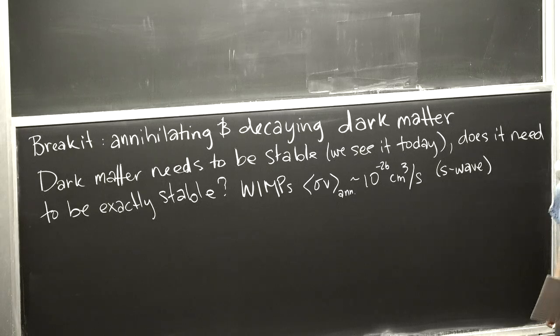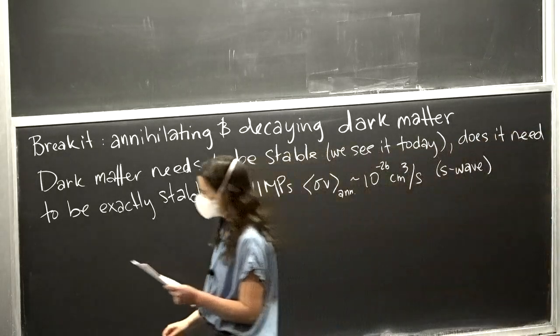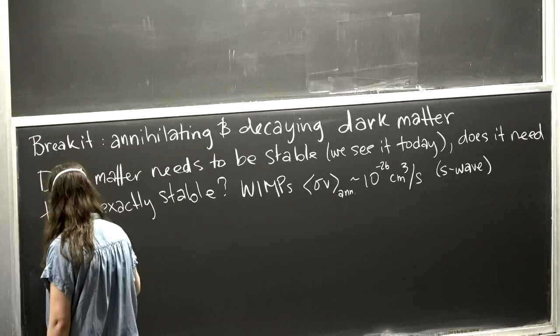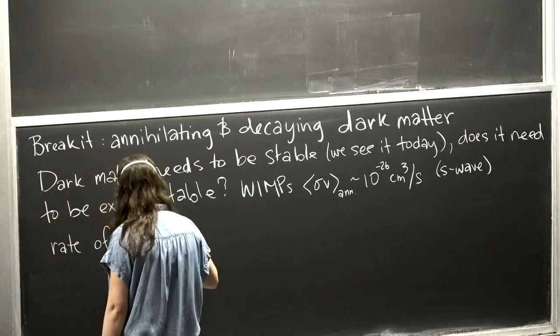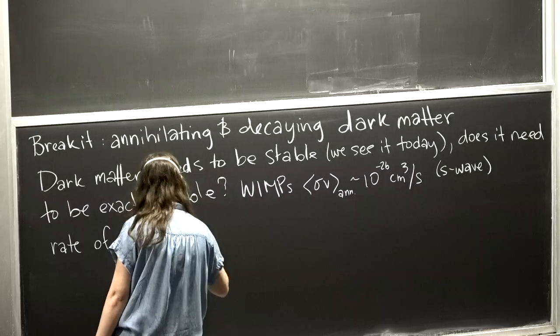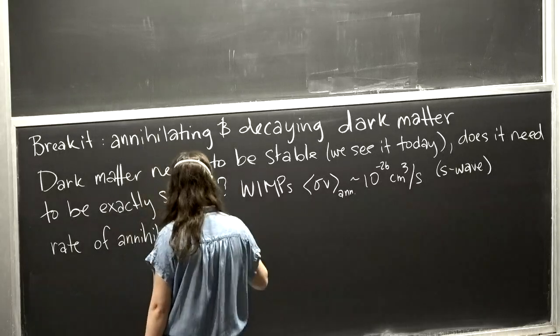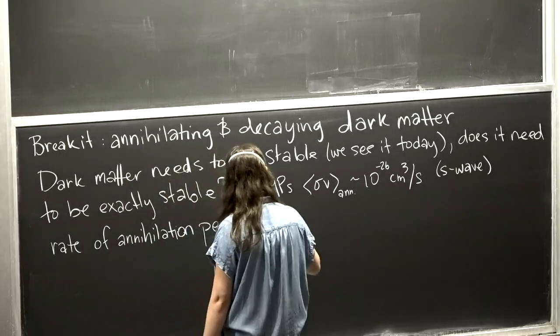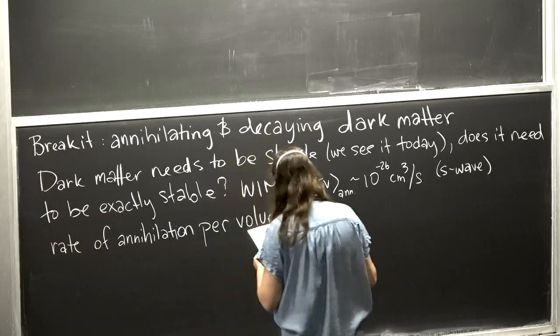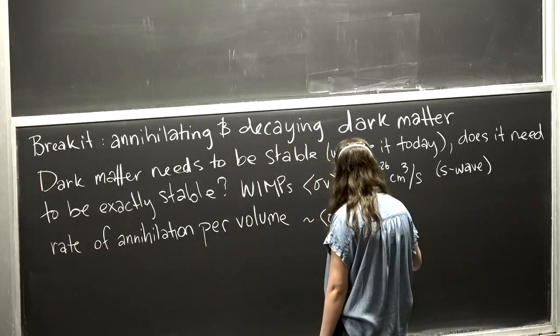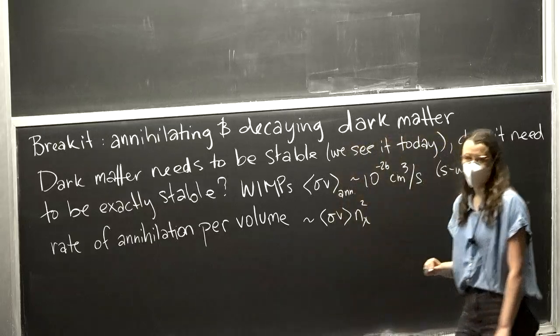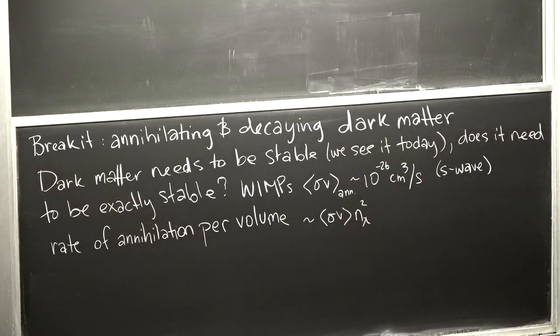All right, and the rate of annihilations per unit volume is going to go like sigma v times the number density squared of the dark matter.